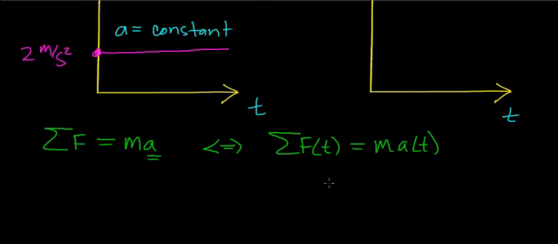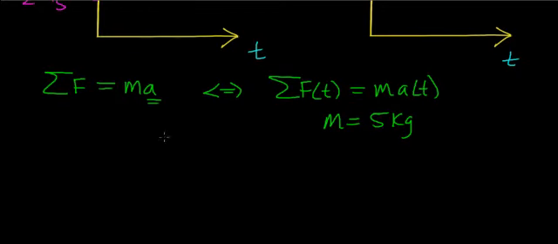Now in this case, we're going to just use this form because our acceleration is constant. And let's make one more assumption. Let's say that we have an object with a mass of 5 kilograms. And what we want to do is figure out what the force versus time graph would look like in this case. So what I would do is I'd use Newton's second law, and I would start inserting the values that I know. In this case, the mass is 5 kilograms, and the acceleration is a constant 2 meters per second squared.